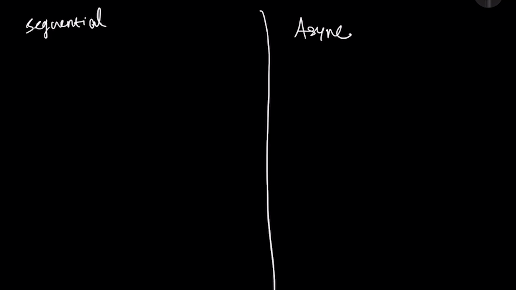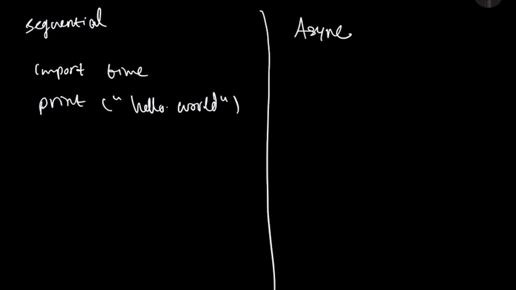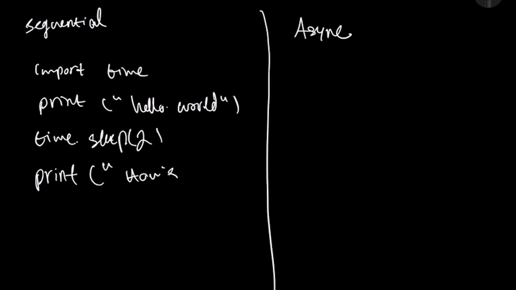Based on our programming so far, we always import a function. Let's say import time, and then we print hello world. Then we do, let's say, time.sleep 2 seconds, and then print, I don't know, let's say, how is it going?